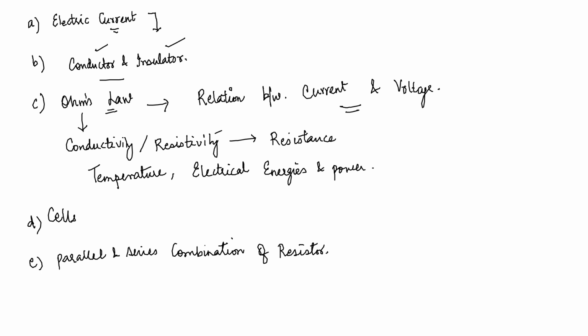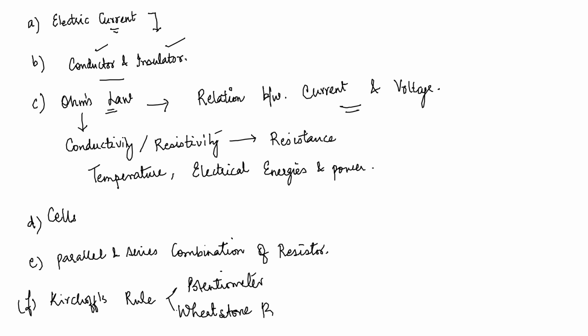And at the end we will see a few applications: Kirchhoff's rules, and with respect to these rules we will see what a potentiometer is and what a Wheatstone bridge is. So these are the things we are going to read in chapter number 3.